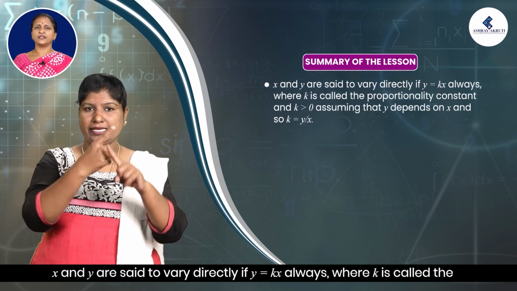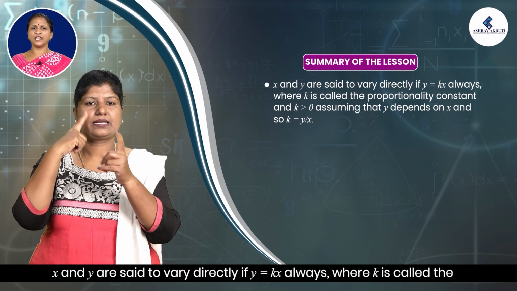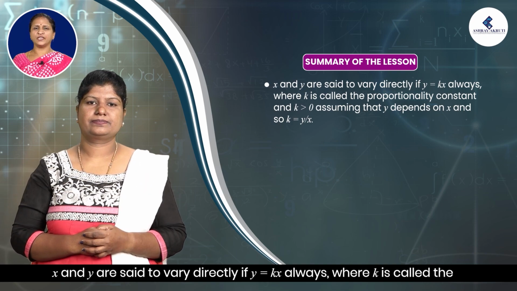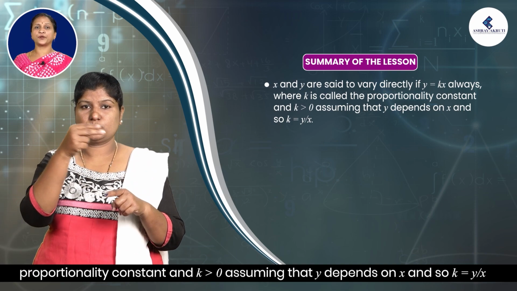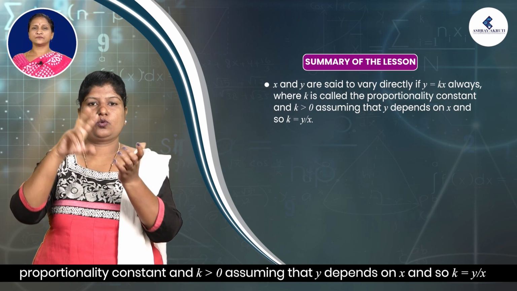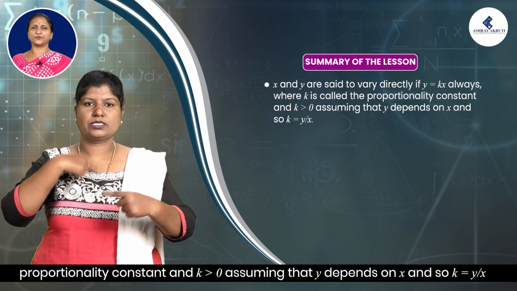x and y are said to vary directly if y is equal to kx, where k is called the proportionality constant and k is always greater than 0.